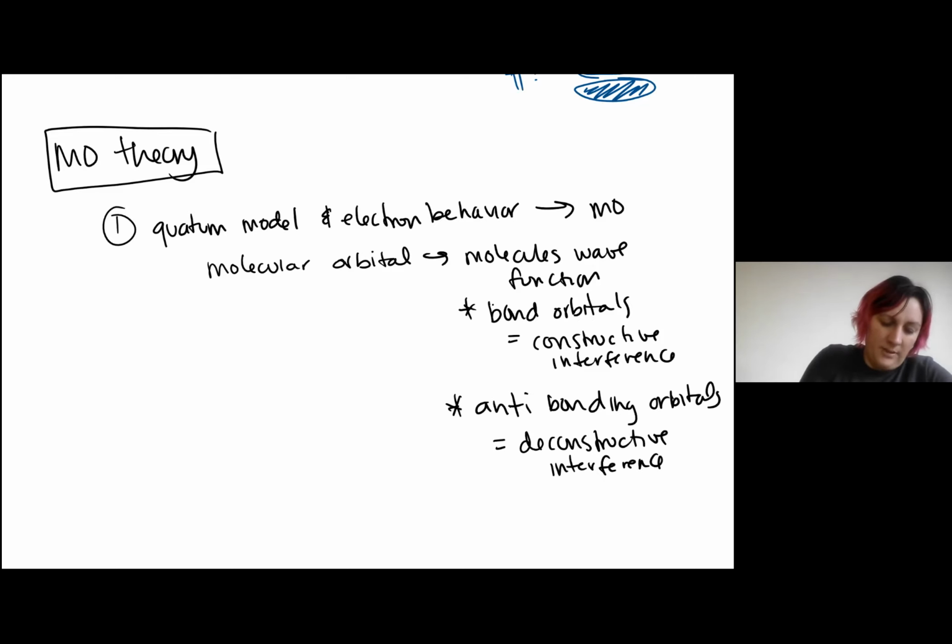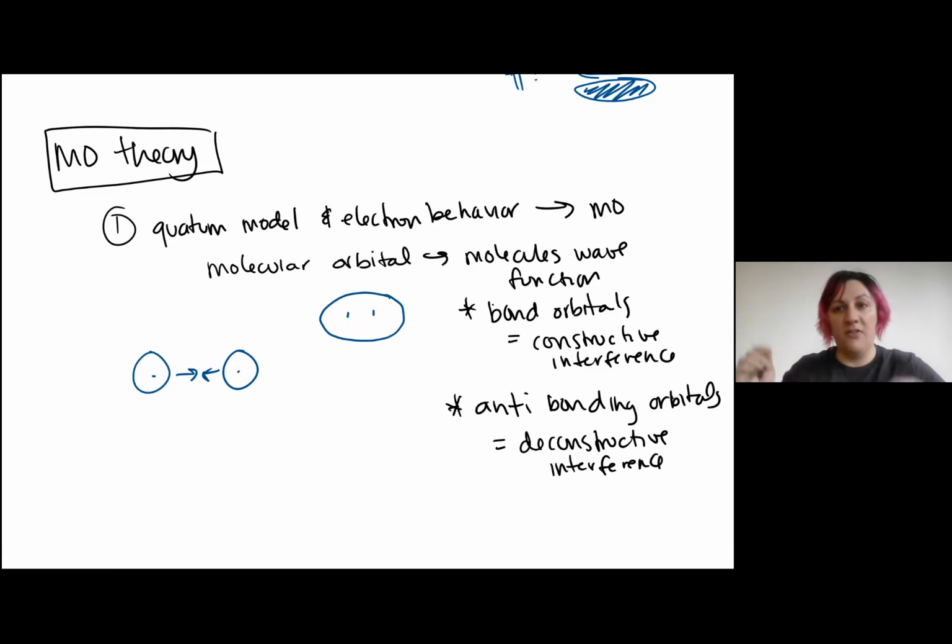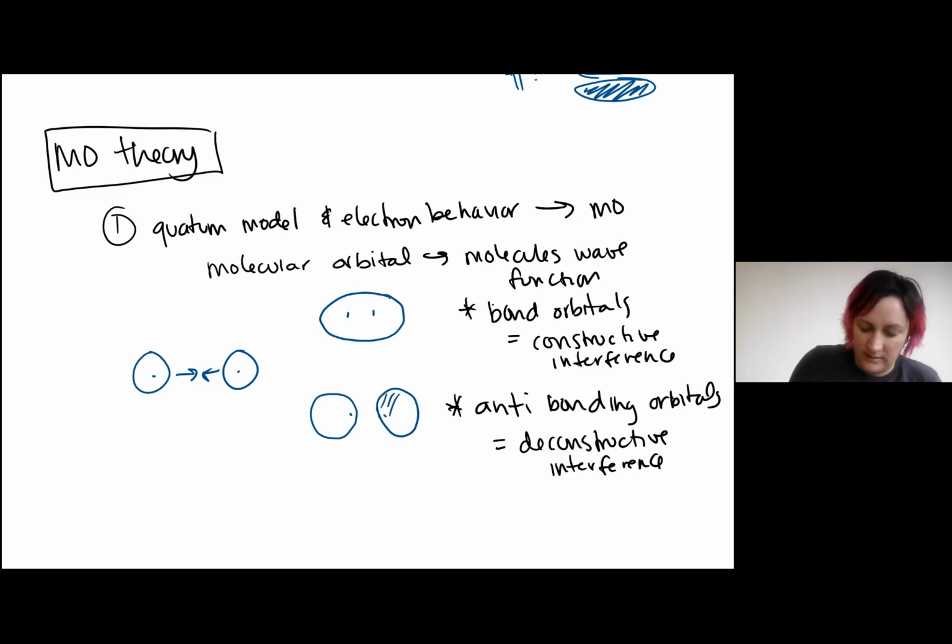So if I'm going to bring together 2 s orbitals to form a covalent bond, my bonding orbital will just look like one big happy blob of overlapping larger constructive interference waves, whereas my anti-bonding orbitals are going to repel each other essentially, have opposite signs, and have a node basically in between them.